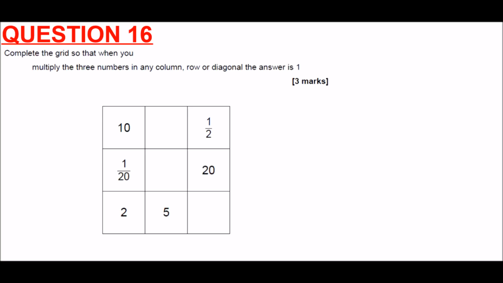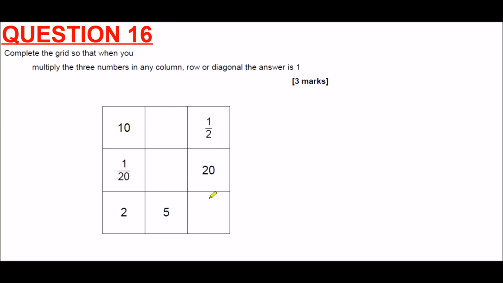What I'd say though, first of all, is if we have a look at this bottom corner here, as the question says, each column, row or diagonal, when you multiply the three numbers, it needs to multiply to give us 1.